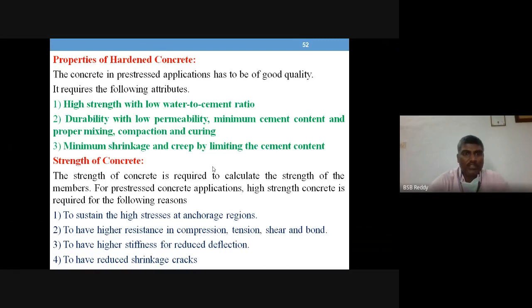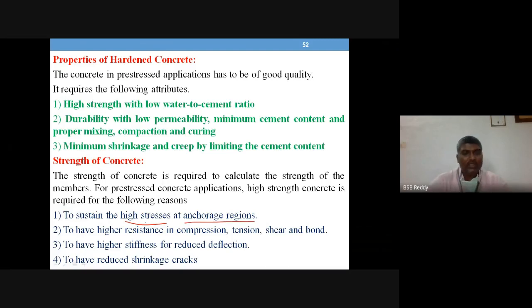So strength is the main criterion. Why we need strength of concrete, we have listed in the last session. Why we need strength for concrete is to sustain high stresses at anchorage regions.